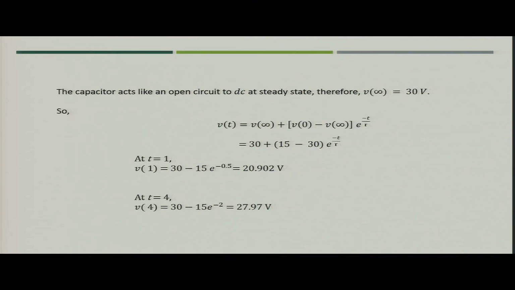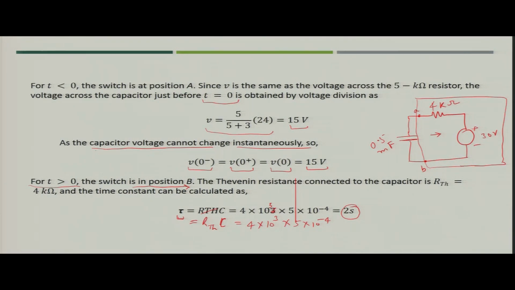Now, when you keep the circuit like this for a longer duration, the capacitor will be charged to the voltage V, which is 30 volt. So, you can simply say that V at infinity is nothing but 30 volt.